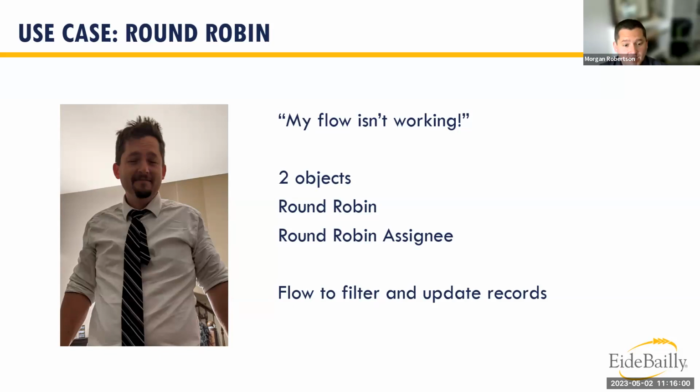He created a round robin object, and then had the round robin assignees, or the members of that round robin. He was using a flow to filter and update the records. So you would come in and it would say, okay, this record needs to run this round robin. Go get the assignees. Here's the next one, and away we go.